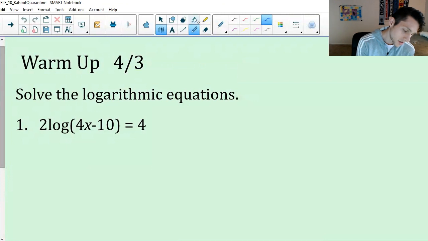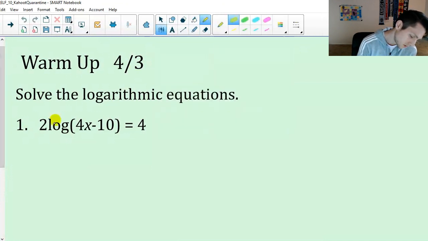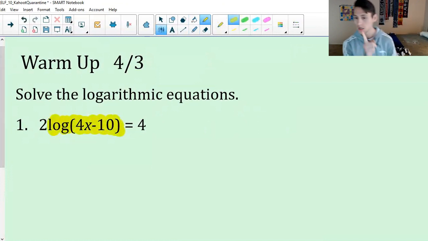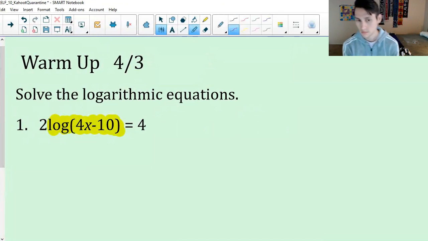So this first equation, there's just one logarithm. So if there's just one logarithm, then this is what we call method 2, which all that means is if there's just a single logarithm, we want to isolate that logarithm and then use exponential to get rid of it.